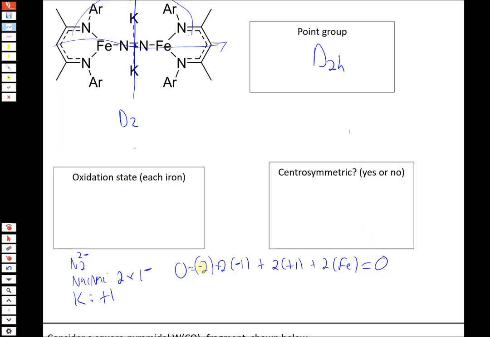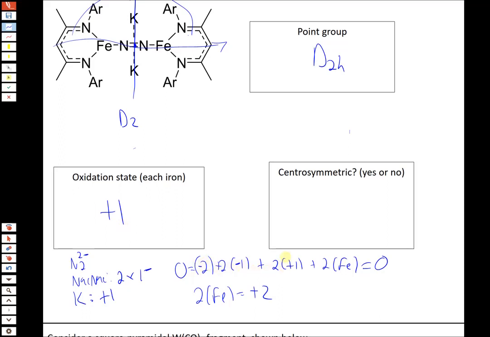So in this case, we have -4 from the ligands, +2 from potassium, which leaves a need for a +2 charge for iron. So 2 irons have a total charge of +2, but we're looking for the oxidation state on each iron, which would be +1. So each one has to have a +1 charge for all the charges to balance to 0. That's the only one we don't know when we have the ligands and the 2 potassium ions.